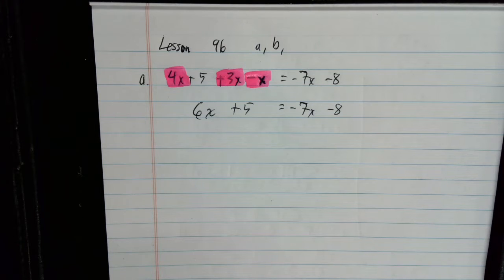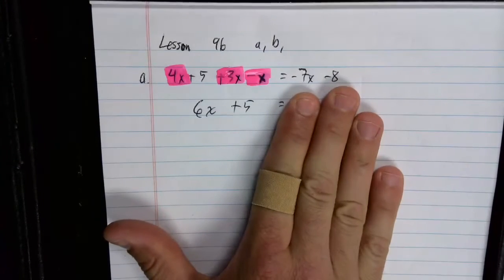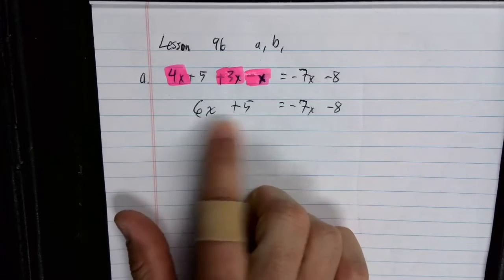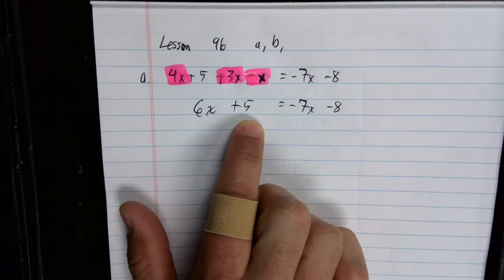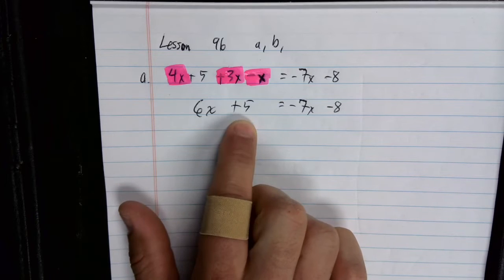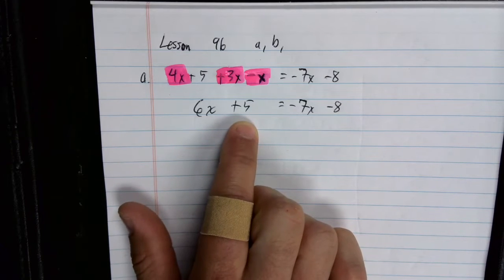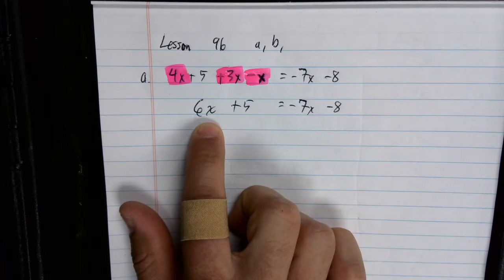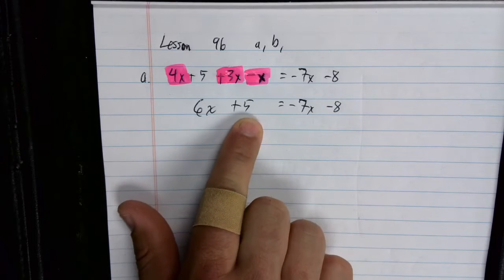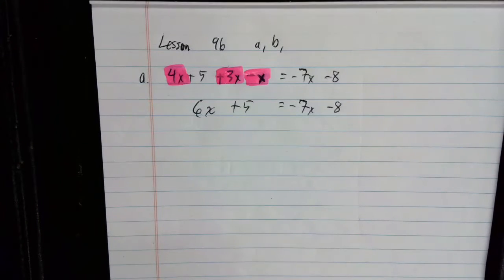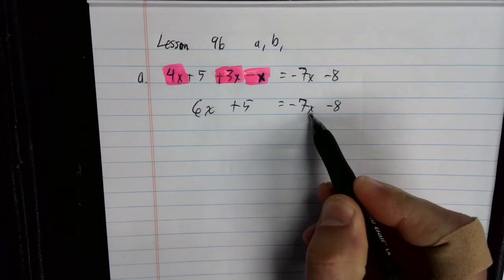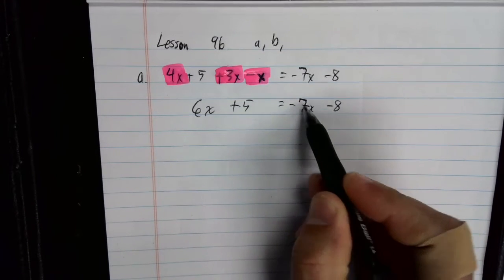Now that we have the entire left side combined, you cannot add these two and simplify it. So we can say, well, I can add them, I just can't make them one term. So 6x and 5 are not like terms. They'll have to stay separate. But, Finley, what do you notice? The negative 7x is over here, so I need to get all the x's in one place.